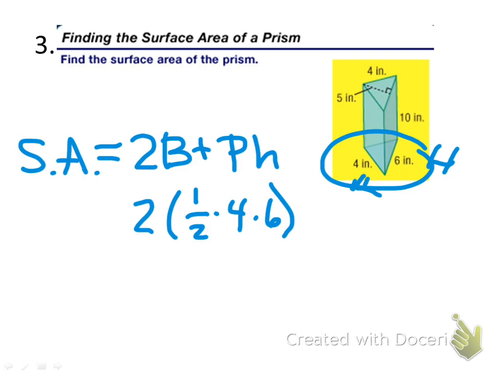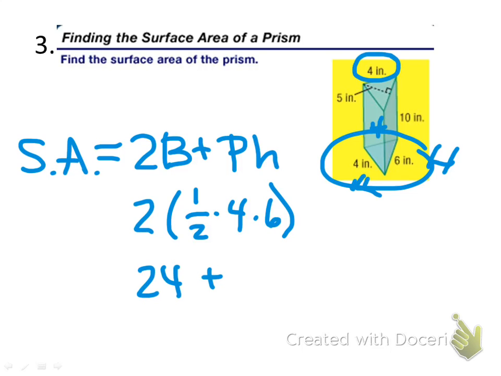Okay, so we have 2 times this. So 24 divided by 2 is 12. Times 2 is 24. So we know this is 24. Now we have to find the perimeter of the base. They said that this is 4, 6, and 4.